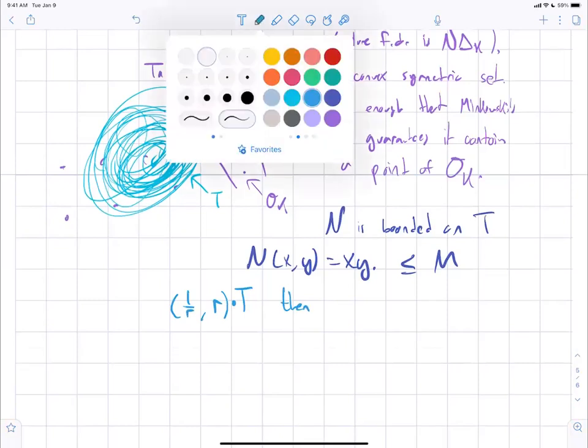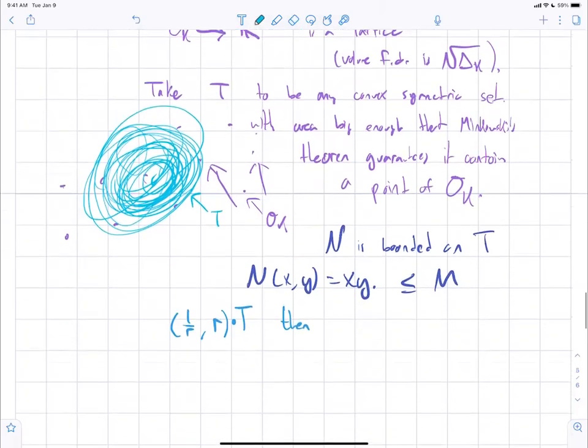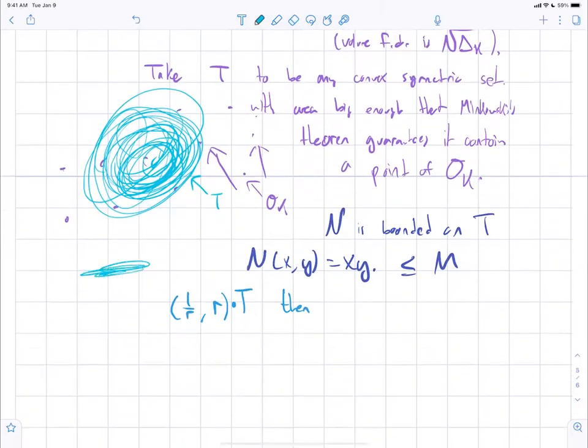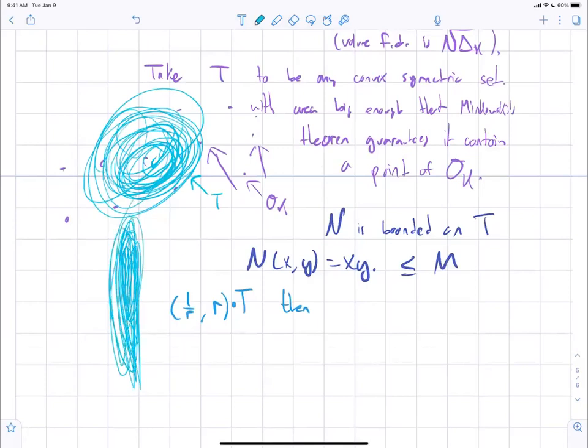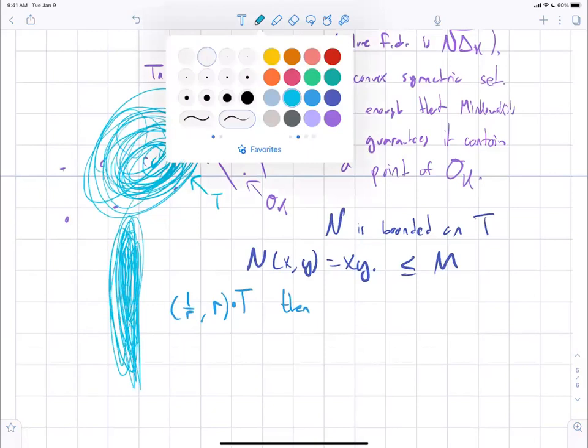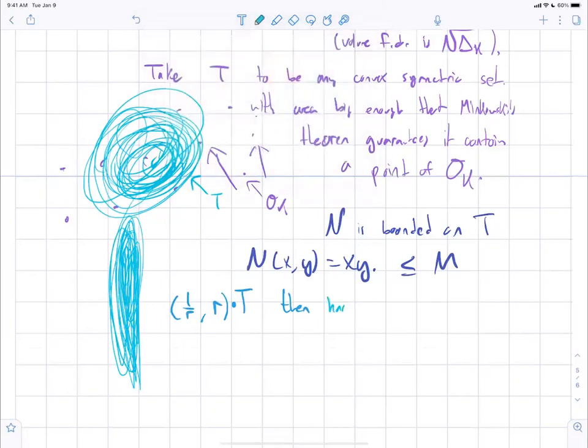I squish it down and squeeze it together. I'm multiplying the x coordinates all by 1 over R, so they're getting small, but the y coordinates are scaled up by R, so they're getting bigger. So I'm squeezing and stretching this region. Well, this has the same volume.